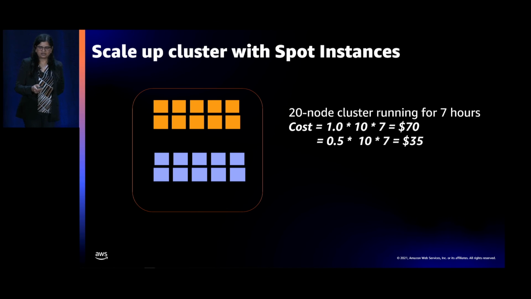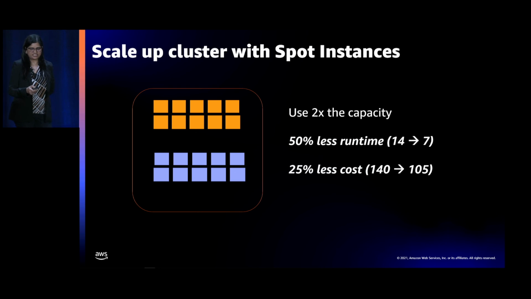And then for the spot instances, they're half the price, so you end up with half the price of the on-demand. Overall, your cost now comes to $105, which is much less than $140.